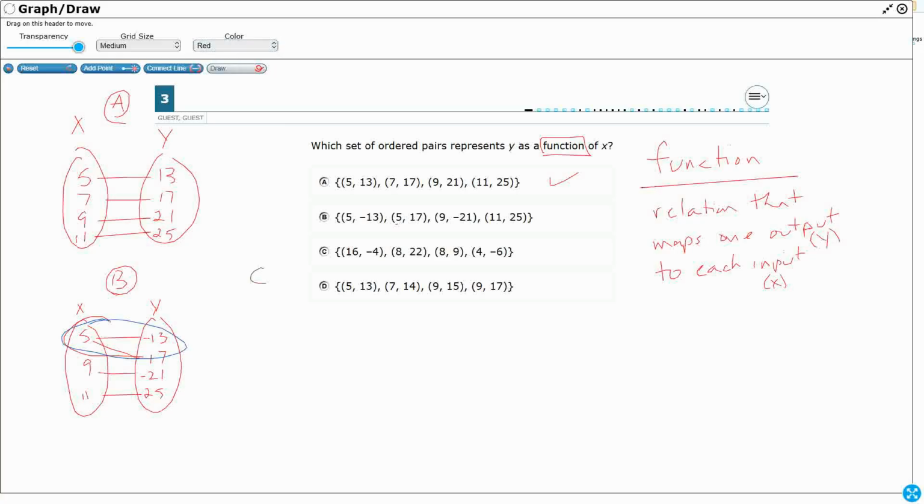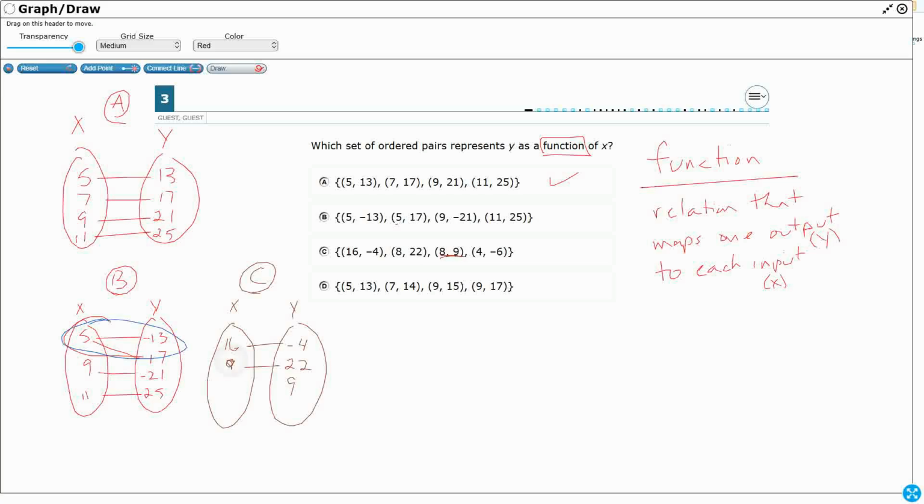Let's look at C. And let's do our x's and our y's. All right, so I've got a 16 going to negative 4. Obviously, it's the first one, so far so good. I've got an 8 go to 22. Okay. And then look what I've got now. I've got another 8. 8 goes to 9.